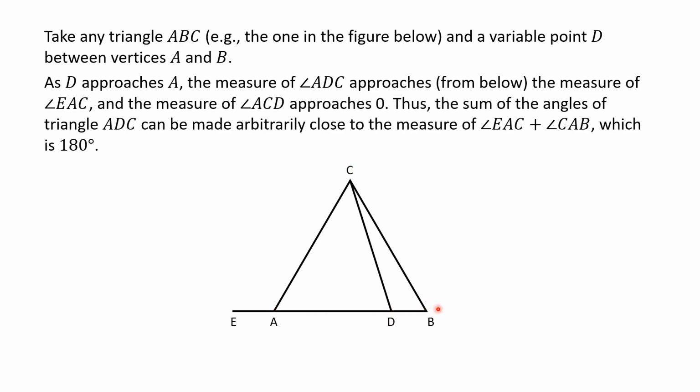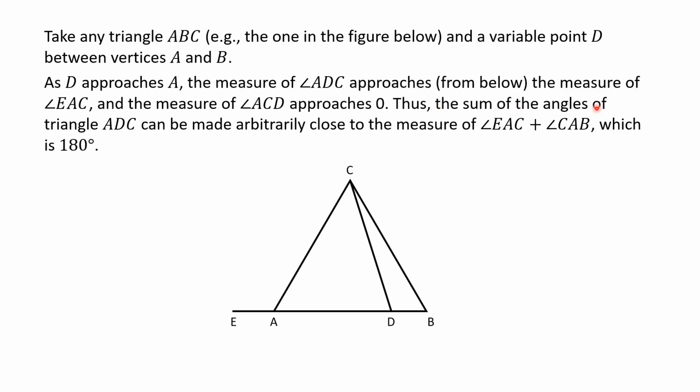between A and B. As D approaches A, so as we move this out here, the angle ADC, so this angle here, gets closer and closer to this angle here, EAC. And as we move D this way, the measure of ACD, in other words, this angle up here, goes to 0.